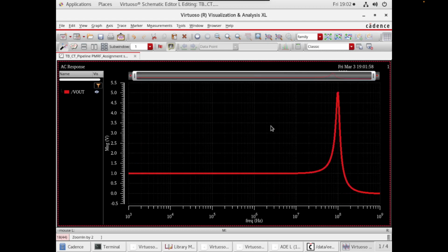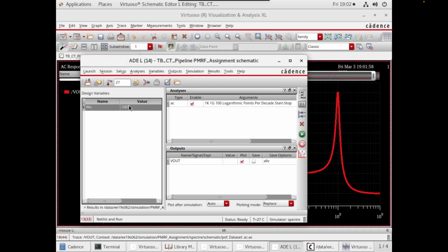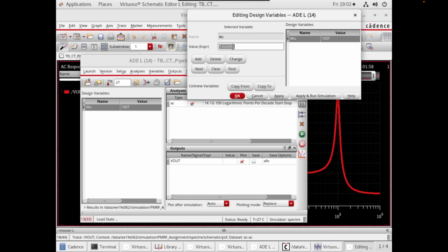So we will try to do it for, let's say, a finite bandwidth. Since our omega naught is 100 megahertz, and your quality factor, the omega u should be much greater than 2q times omega naught, correct?